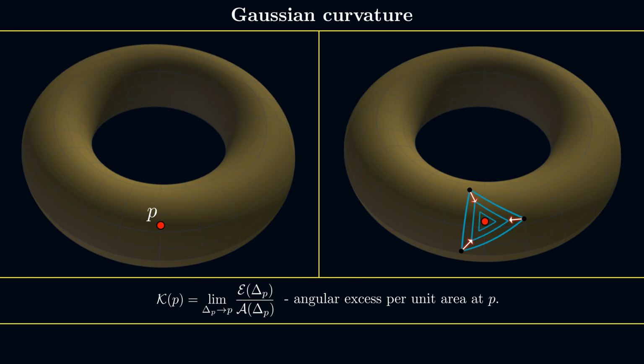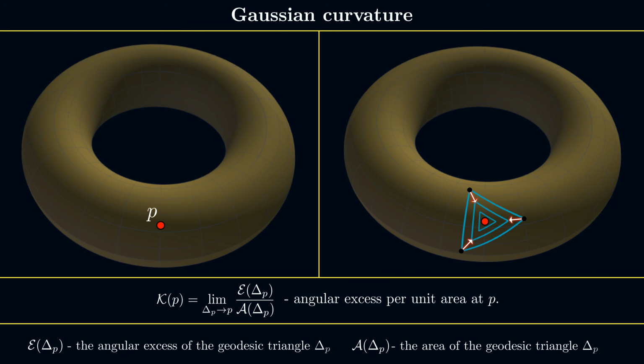However, the ratio of the angular excess to the area tends toward a well-defined limit. This limit is what we call the Gaussian curvature at point P. In other words, Gaussian curvature shows how much angular excess is distributed per unit of area in an infinitely small neighborhood of this given point.